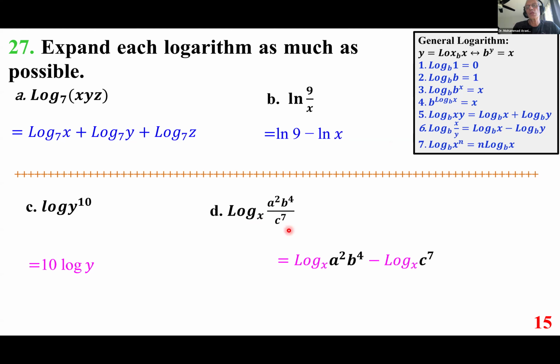Then we use number 5, the product rule: log of a squared plus log of b to the power of 4, same base, namely x. Finally, we use number 7, the power rule. We put the 2 in front, 4 in front, 7 in front. The final answer will be 2 log a base x plus 4 log b base x minus 7 log c base x.